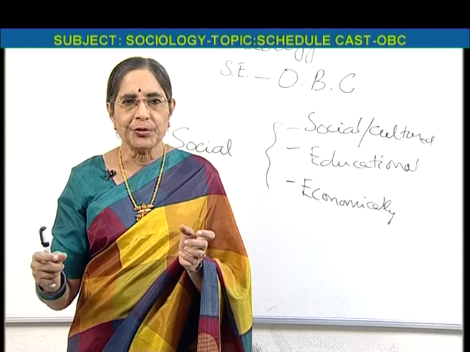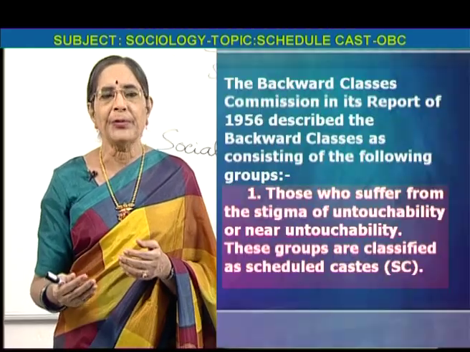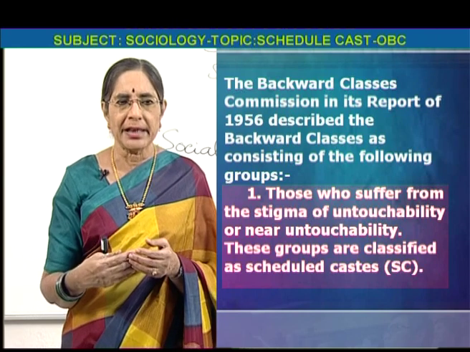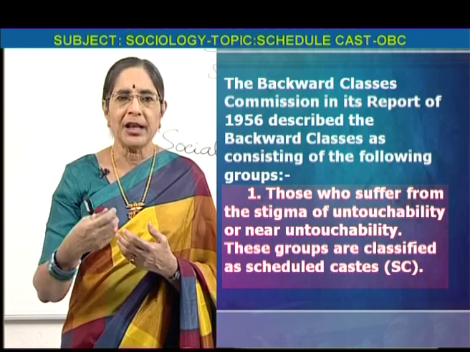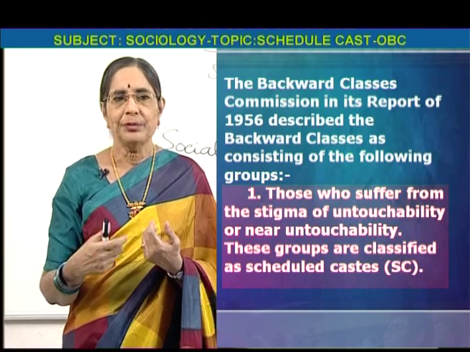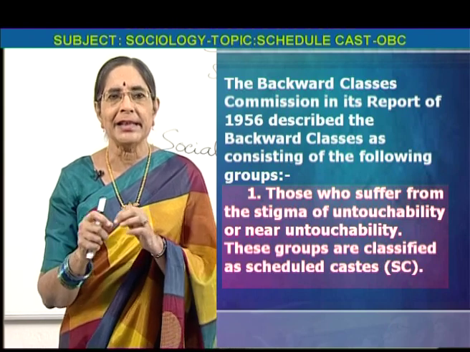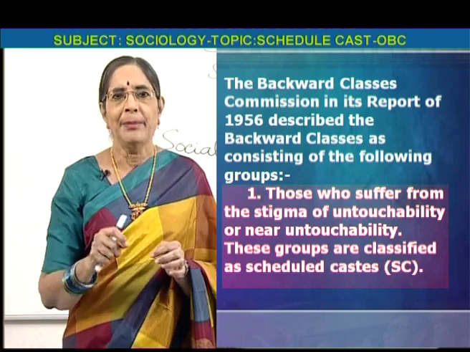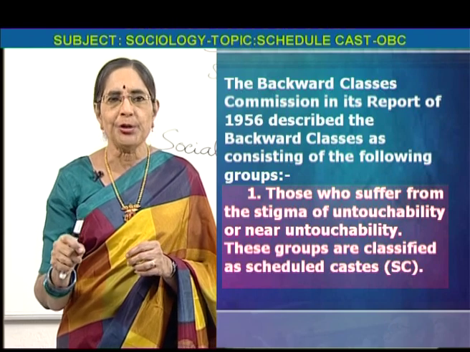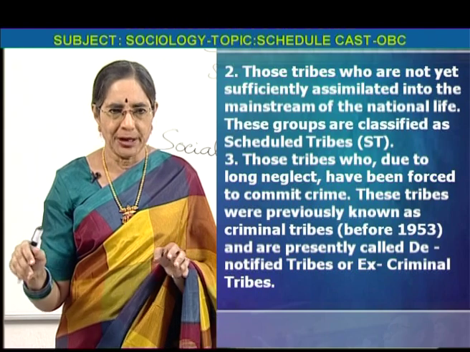Hence, it is a kind of dynamic situation. Those who suffer from the stigma of untouchability or near untouchability, we call them scheduled castes. These groups have now been included in other backward classes. Here it is not caste but class, because scheduled castes also are economically, educationally, culturally backward.